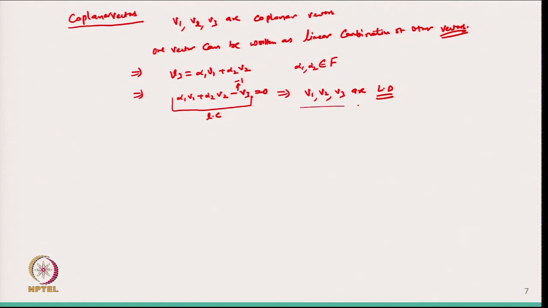So, if it is a coplanar vector, then it is linearly dependent, and similarly we can show the other part.